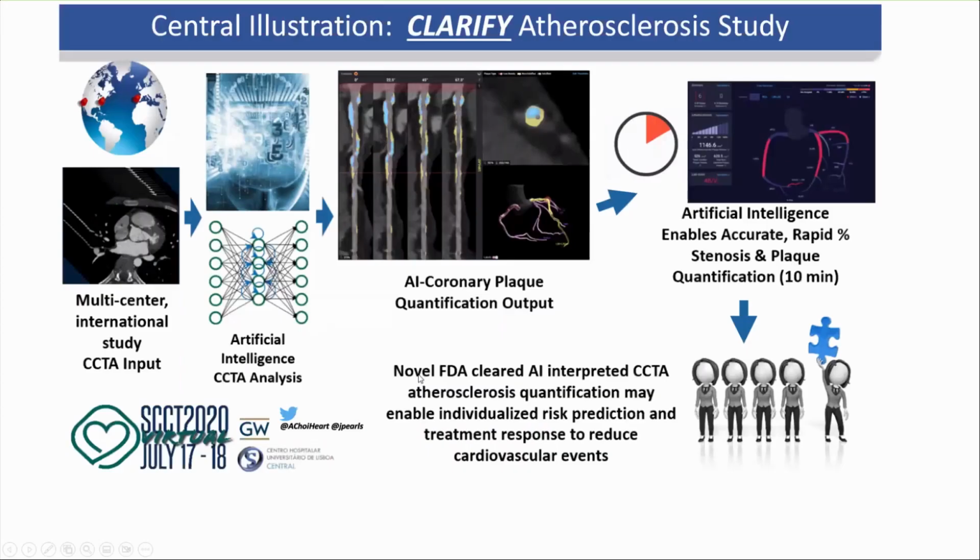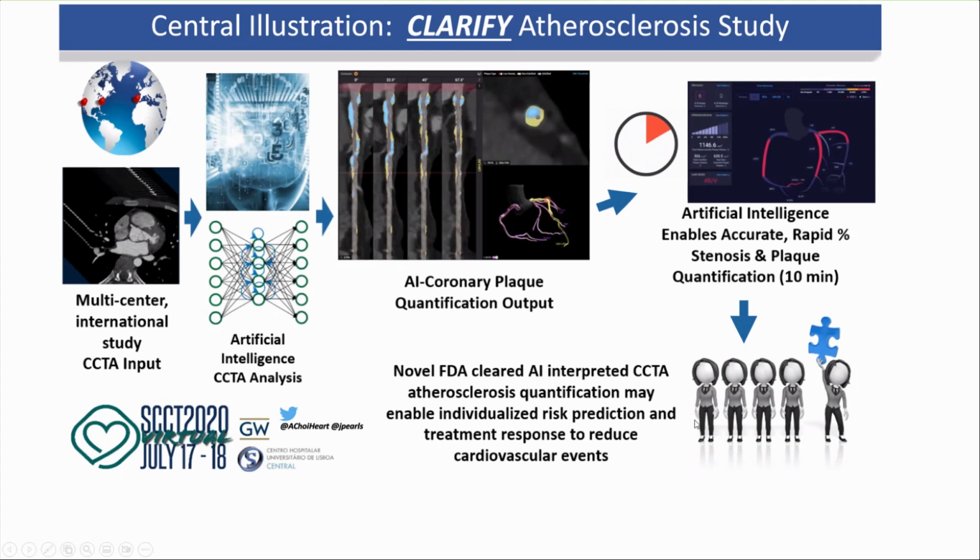So what's happening currently in the field is that softwares and companies are putting together end-to-end solutions facilitated by AI that can take your images, segment and extract the coronaries, quantify the plaque, and integrate all that data for you into a colorful report that can be shared with the patient with an individual risk.